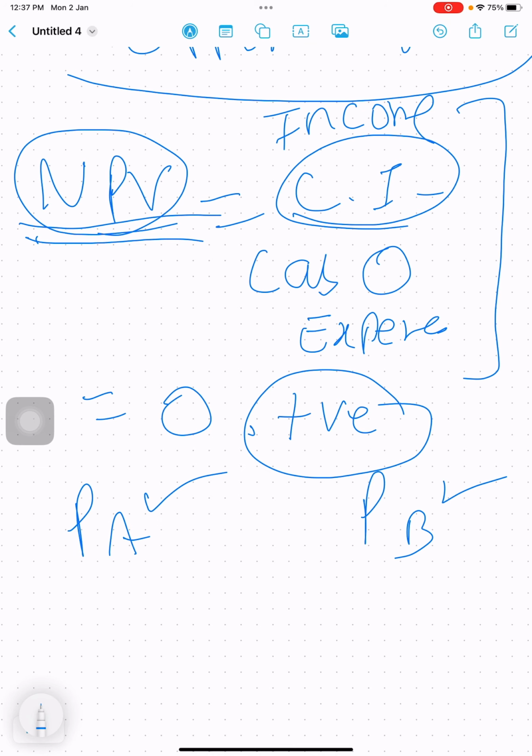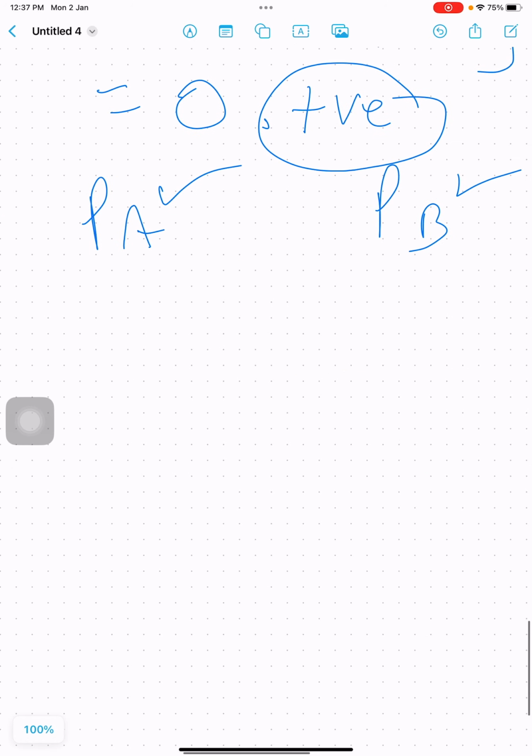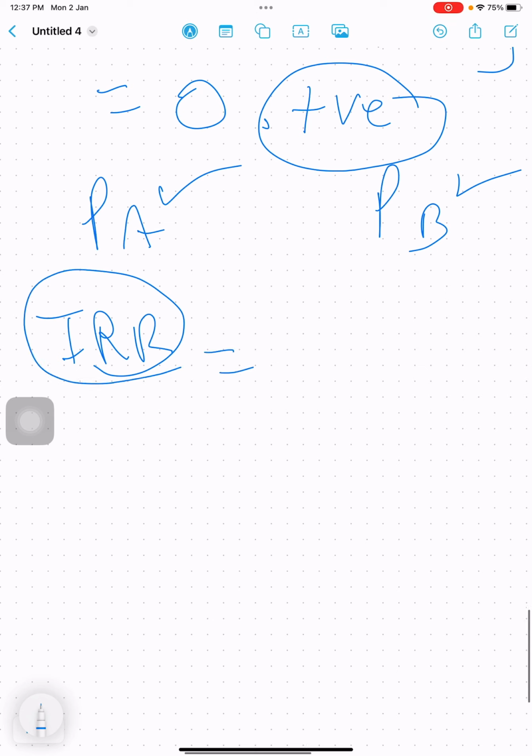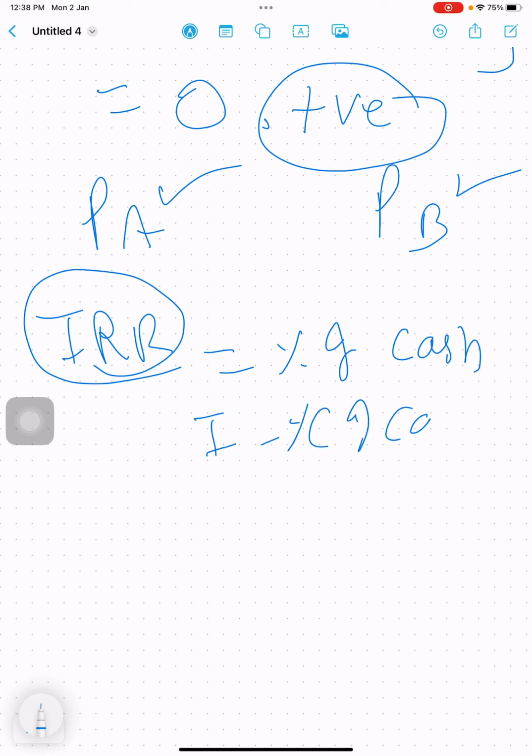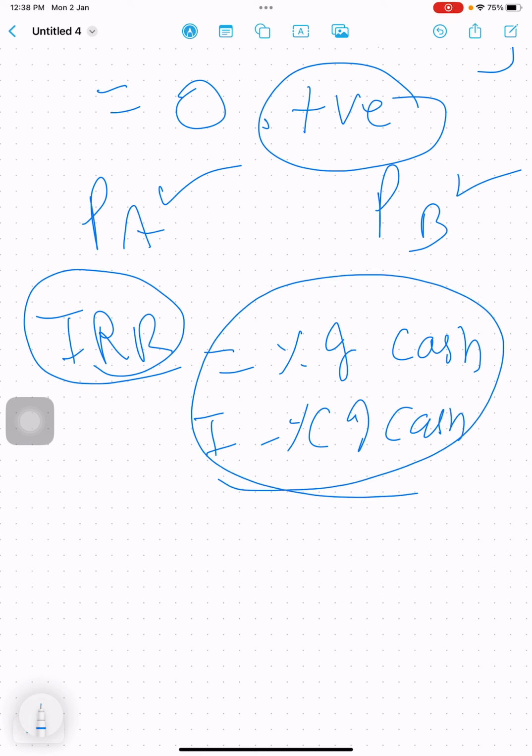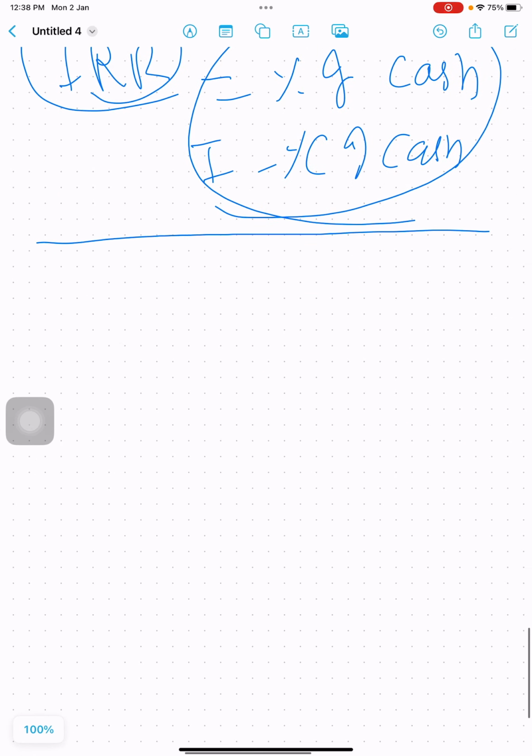Then one more financial parameter is IRR, internal rate of return. For PMP, just understand it is a percentage of cash inflow minus percentage of cash outflow. So this is your IRR, internal rate of return. Now let's say the exam asks which is the most important one.